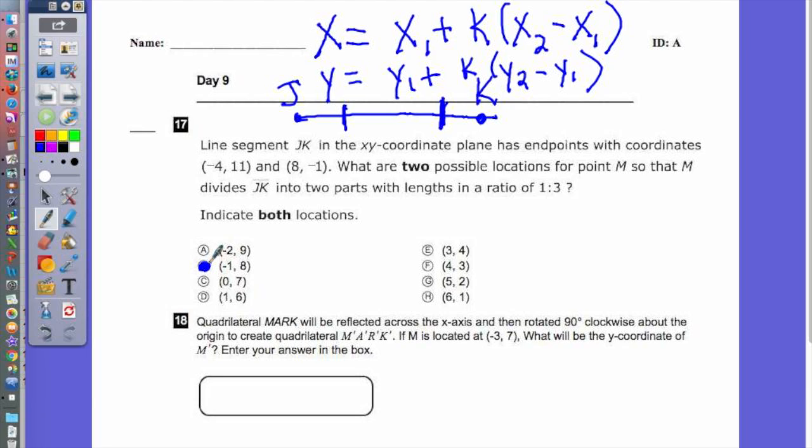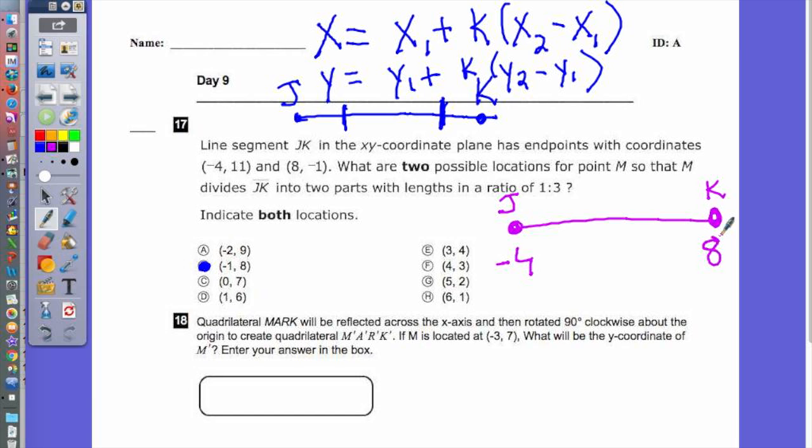Now to find the other one, what I would do is just make the second coordinate your sub 1 and the first coordinate your sub 2. Okay? The other thing you can do, if you just totally blank out and forget the formula, here's basically what you're saying. Let's look at the x values. You're going from -4 to 8, correct?